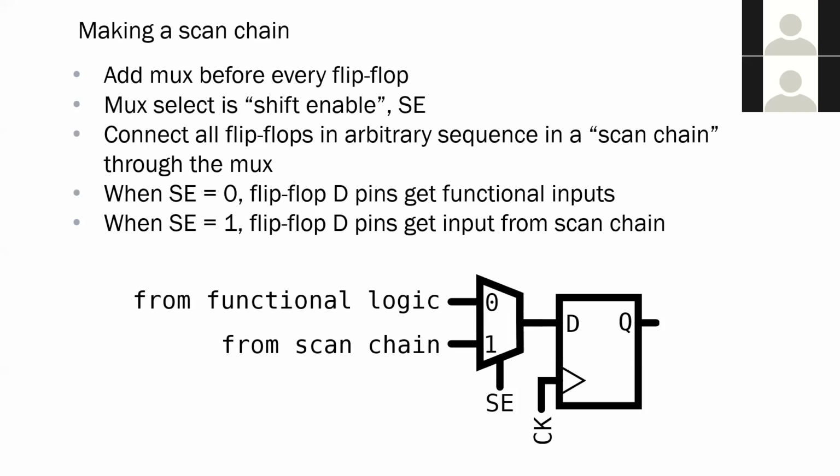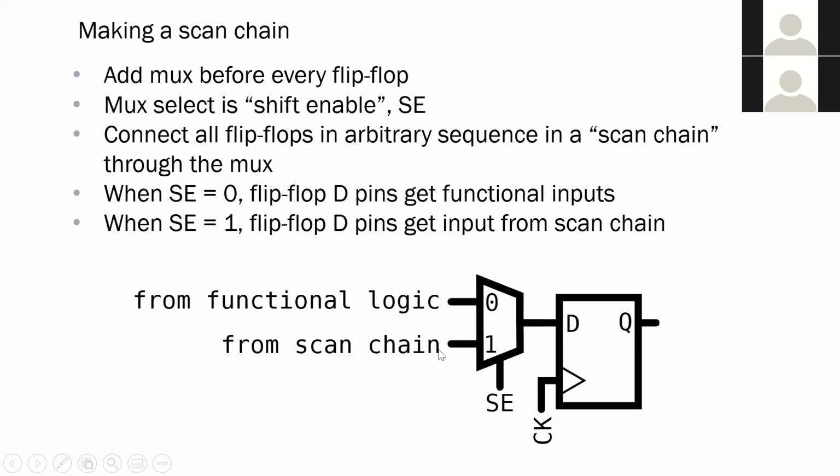Now, all flip-flops in the circuit are connected in an arbitrary sequence to each other in what we call a scan chain. And that connection is made through the mux. So this mux has 2 inputs. One of these inputs is the original functional input that was going to the D pin. That functional input now goes to one of the inputs of the mux.